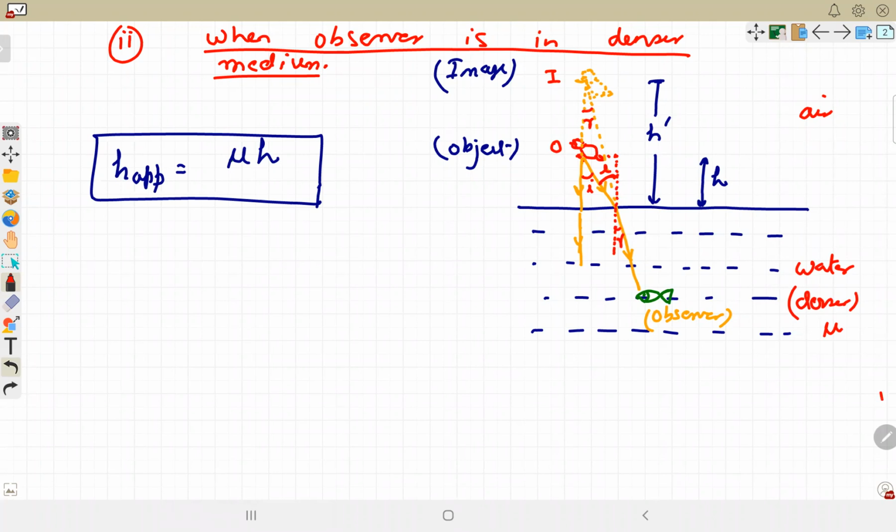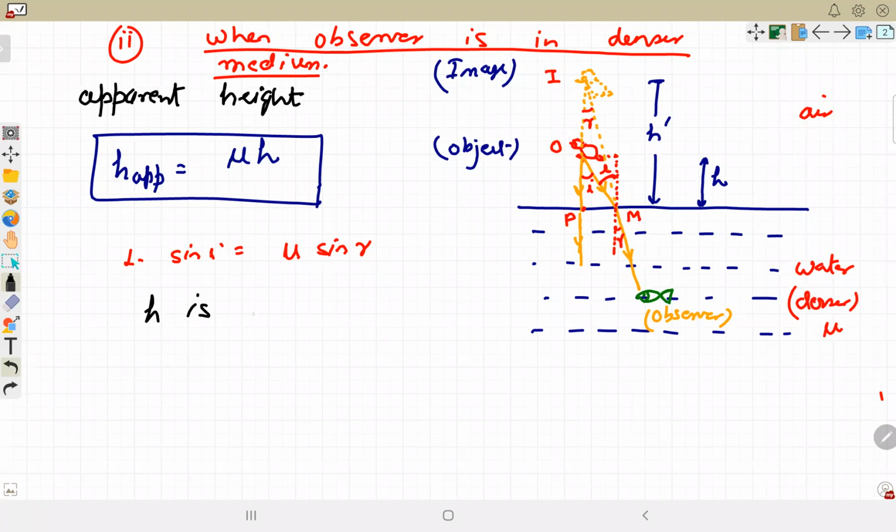So we can write 1 into sin i is equal to mu times sin r. And then the logic we used in the derivation, that these points are very close. Suppose P and M are very close, so we can take OM equal to OP and IM equal to IP. The apparent height, where h is the actual height of the object from the surface.